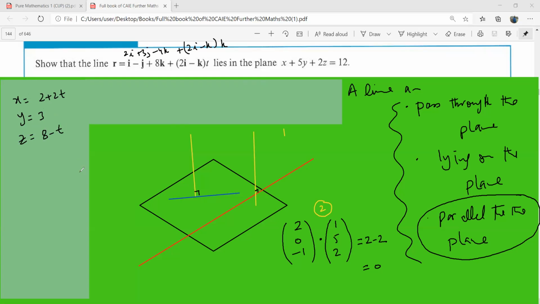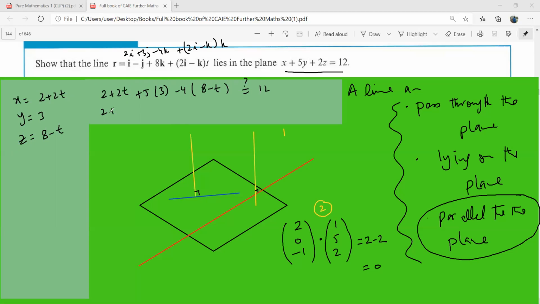Okay? If you substitute these x, y, z into this plane over here, you will have 2 plus 2t, then you have 5 into 3, then you have minus 4 into 8 minus t. Just see what is going to happen.